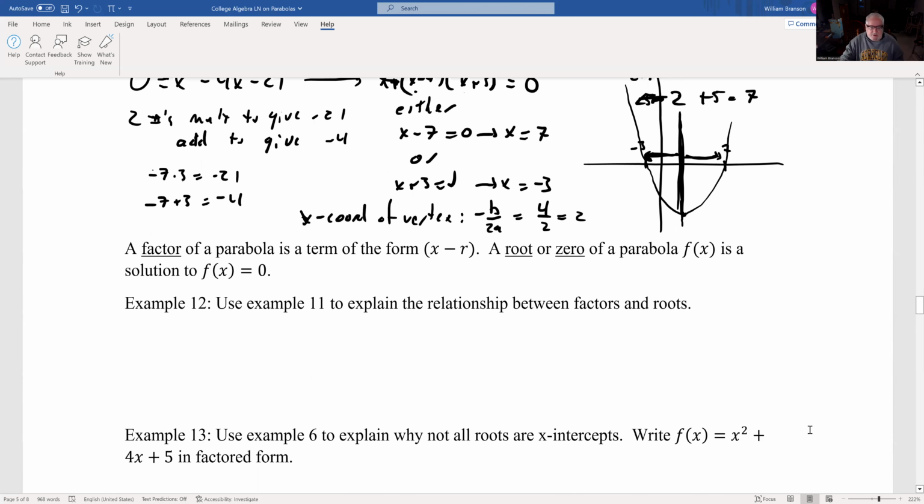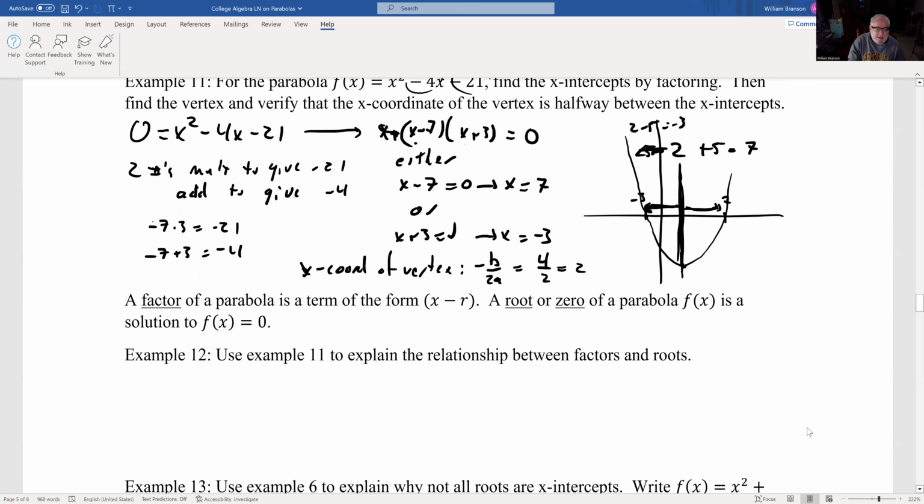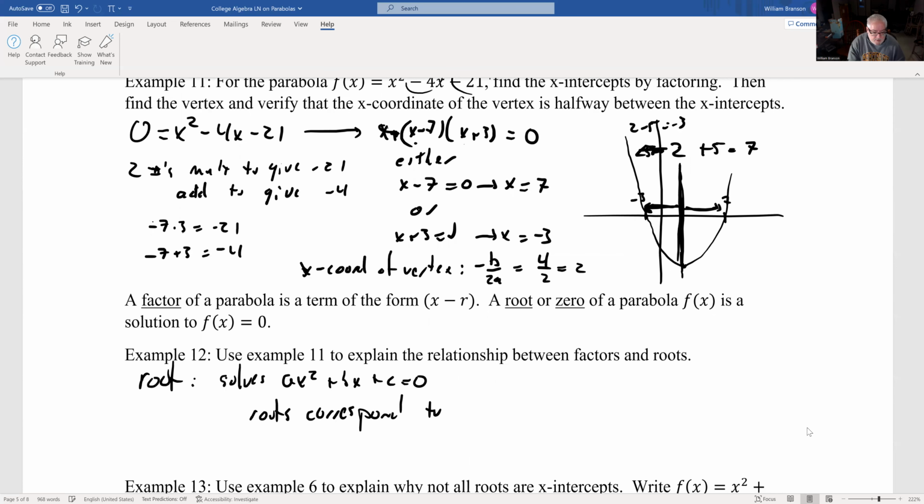So roots, a root is a solution to f of x equals 0. Right? And roots correspond to factors.